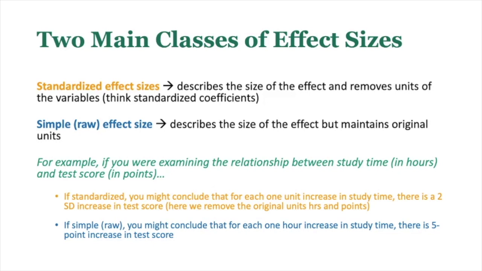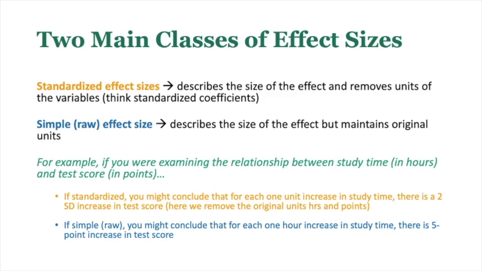What that means is we remove the original units of hours and points, and we're talking in terms of standard deviation increases. Most standardized effect sizes are going to be in those units in some form or fashion, in standard deviation units. So we're not talking about hours and points anymore, we're talking about standard deviations, which makes it so we can compare that across variables and across studies.